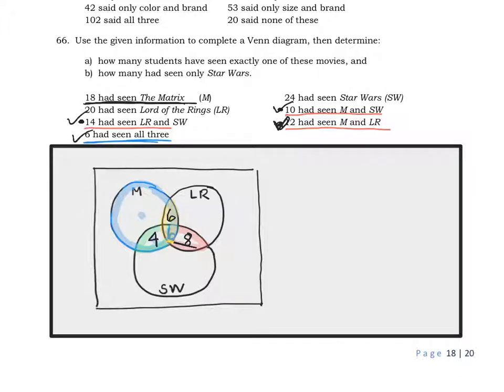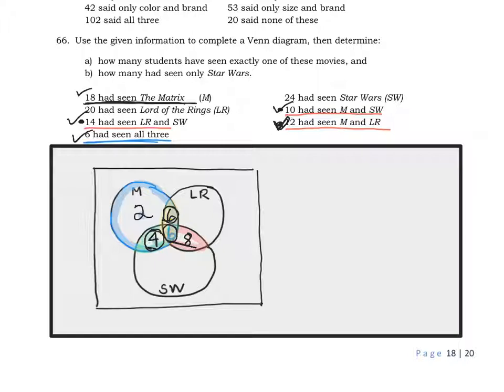So indeed, these people have seen The Matrix, but they also saw some other movies, right? So now we're looking for how many people saw The Matrix only. So I'm going to take that 18 minus 6 minus 6 minus 4, and that leaves us with 2. So that's how many people saw The Matrix only.